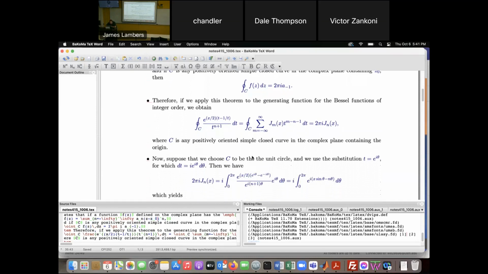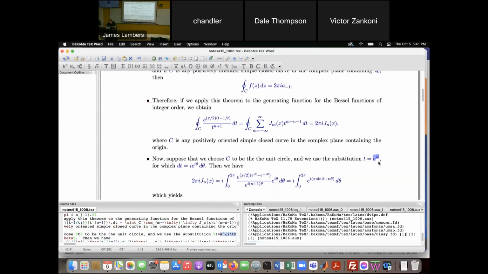So we use polar coordinates. The variable t corresponds to points on the curve C. Well, the unit circle in the complex plane consists of all points of this form, e to the i theta, where theta goes from 0 to 2 pi.